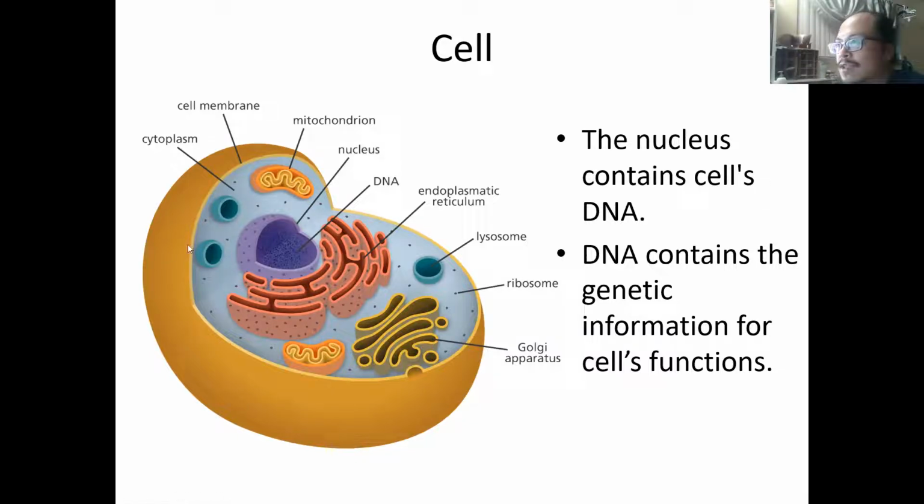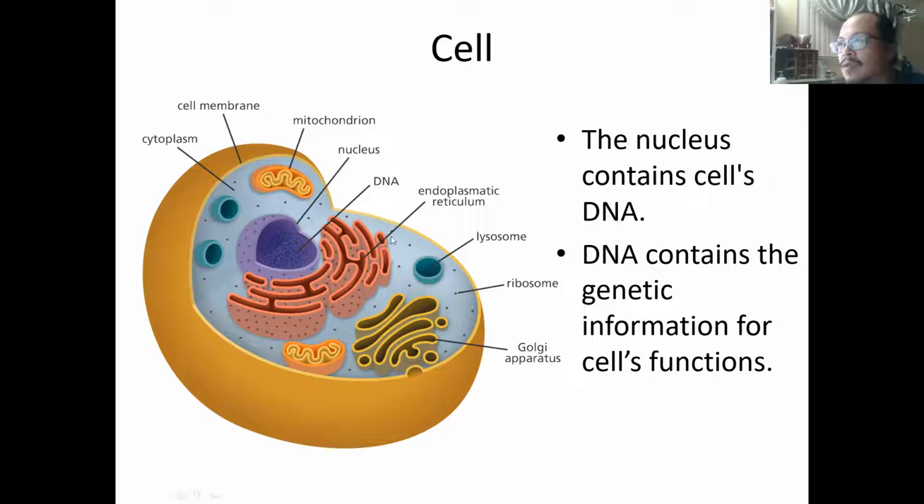The thing that we focus on is the DNA, because the nucleus contains the DNA, which contains the genetic codes to serve the function of the cell. We got this genetic code from mother and father.